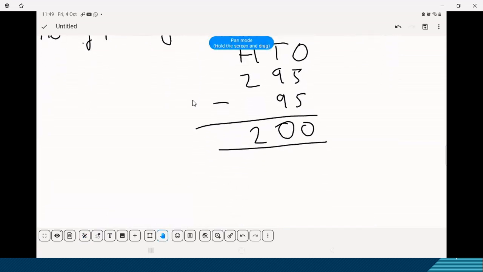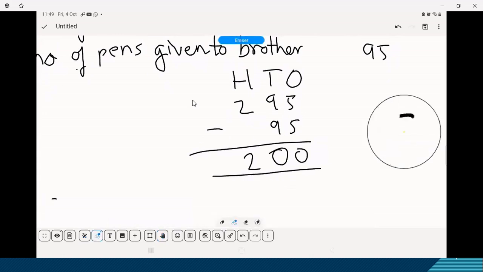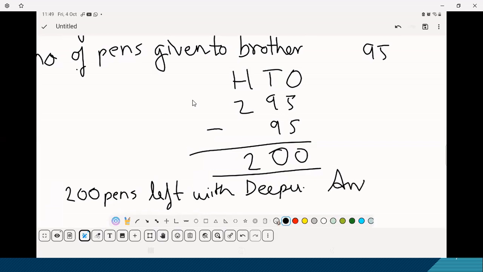So how will you write the answer? 200 pens left with Deepu. So this will be the answer.